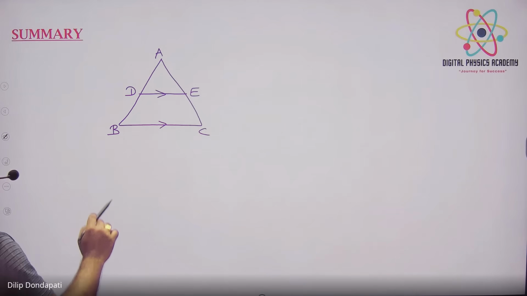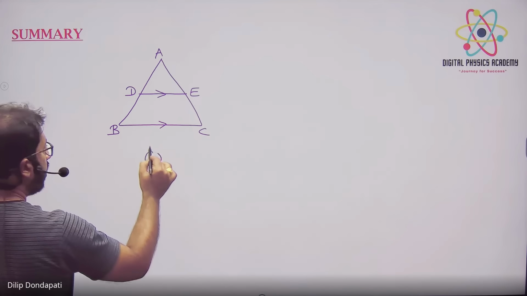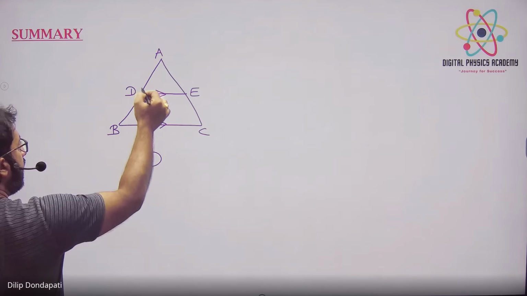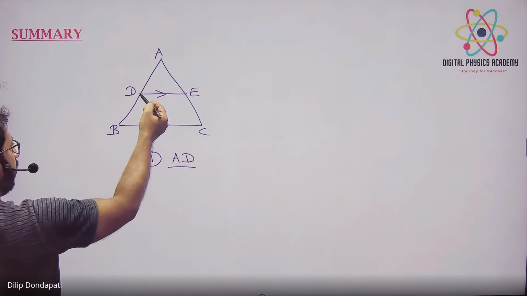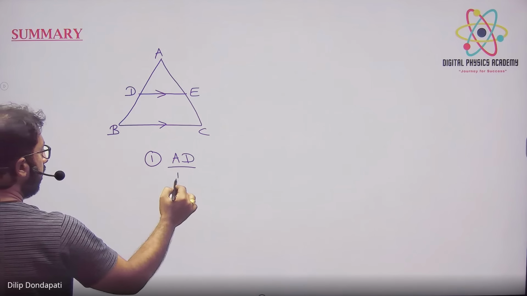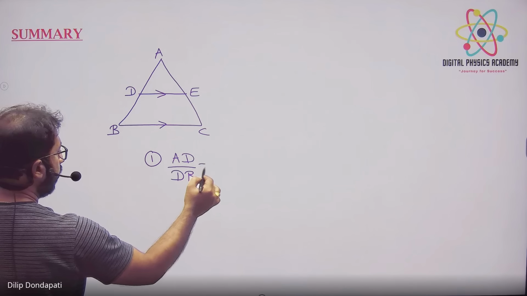Okay. Now what is the conclusion? First conclusion क्या था? Whenever they are parallel, AD by DB is equal to AE by EC. AE by EC. See, always remember, इस तरफ कैसे जा रहे हैं? Same वही direction में जाने का.